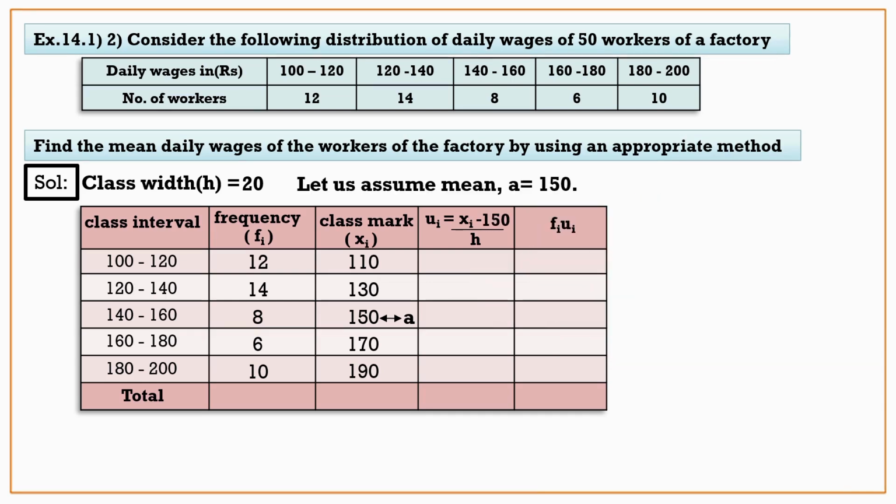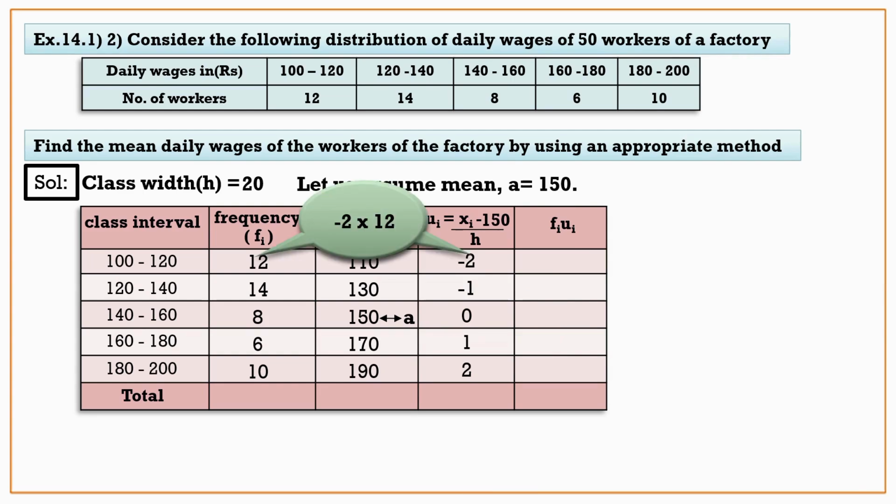Now let's replace a with 150 and calculate. ui is xi minus a divided by 20, the class width. So let's put the value, minus 2. Now let us find the other values as well. Okay, so now we got all the ui values.